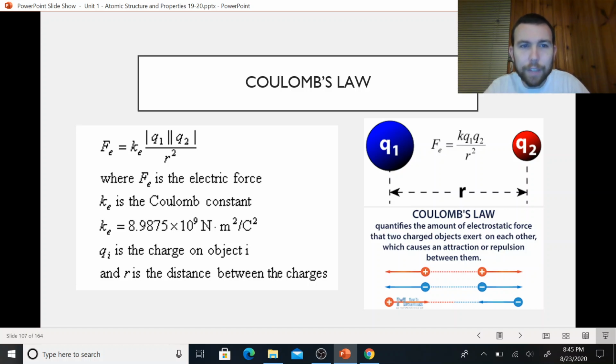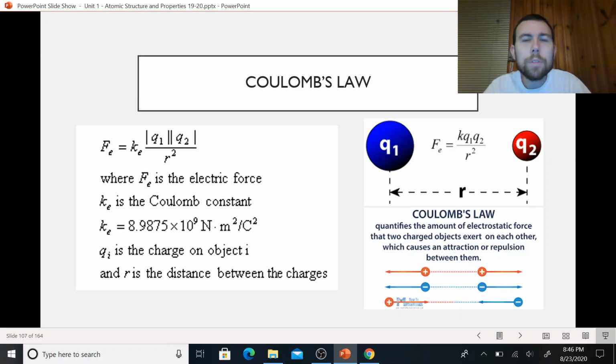Fe, our electric force, is equal to Ke, the Coulomb constant, times Q1 times Q2, where Q1 and Q2 are the charges of our objects, over R squared, where R is the distance between the two particles that we're studying.